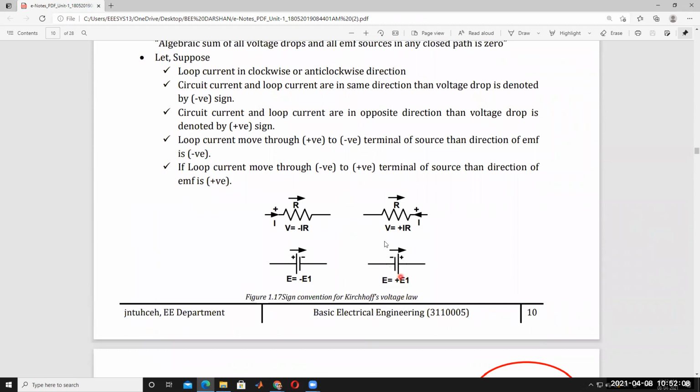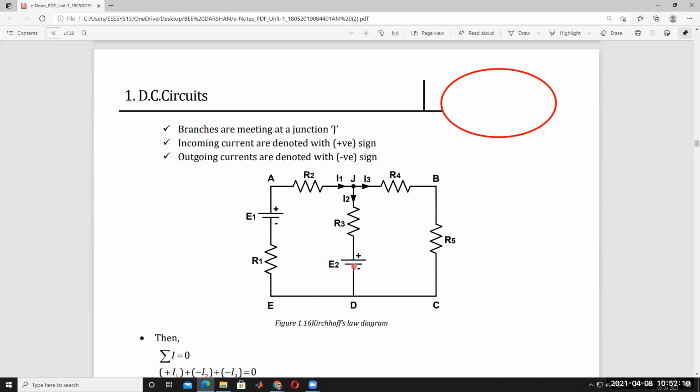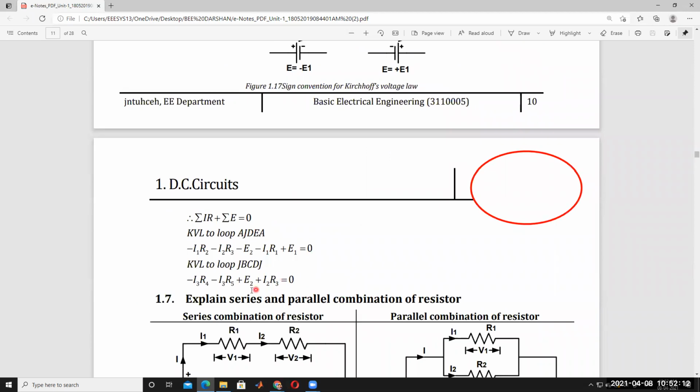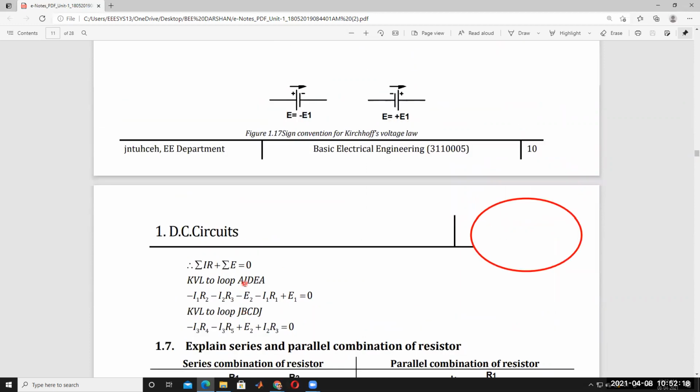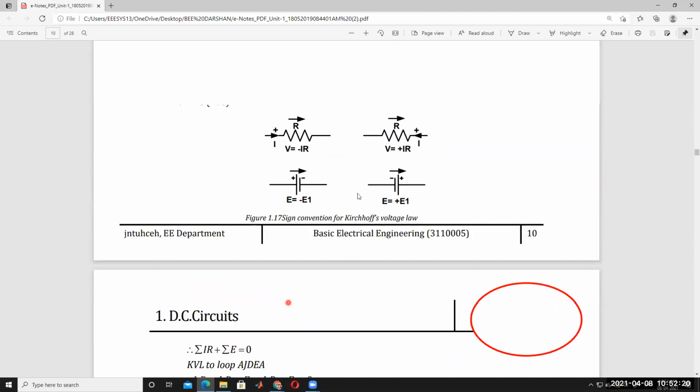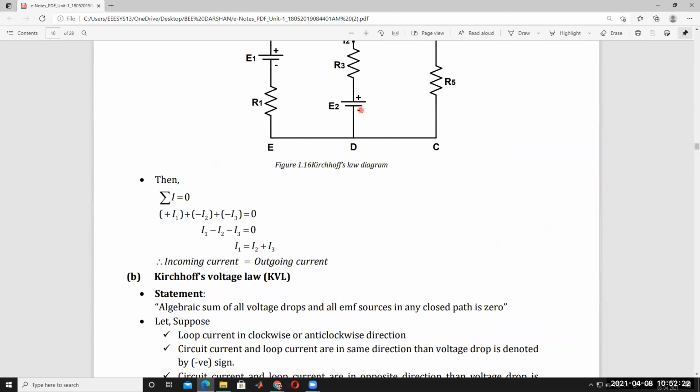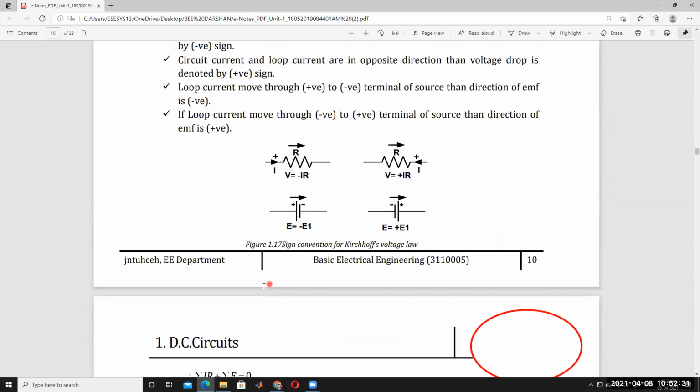That's why plus E2. Minus I3 into R4, minus I3 into R5 is over, and then plus E2, since our circuit current or loop current enters the negative terminal.